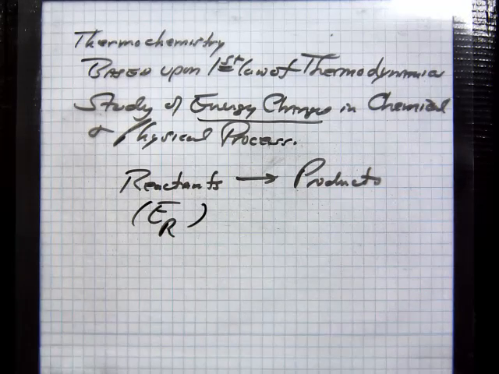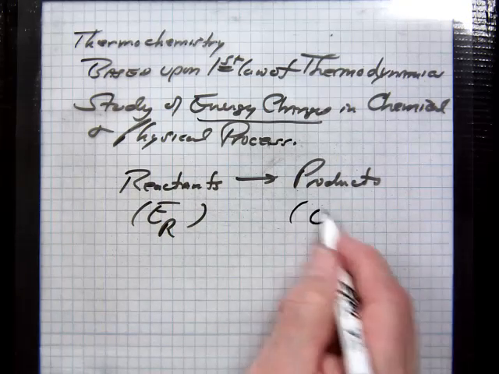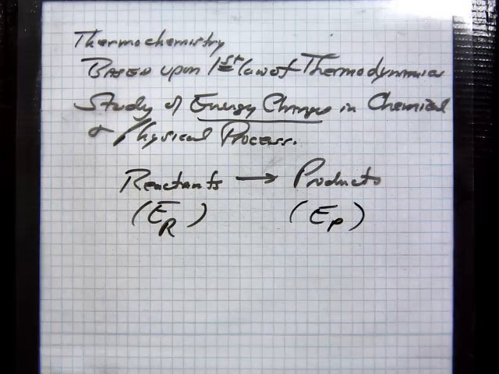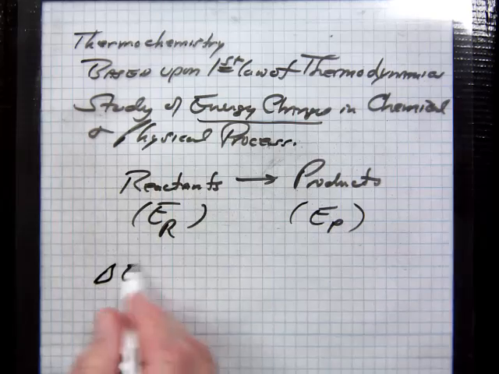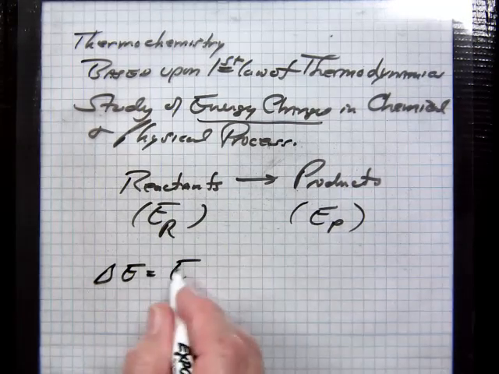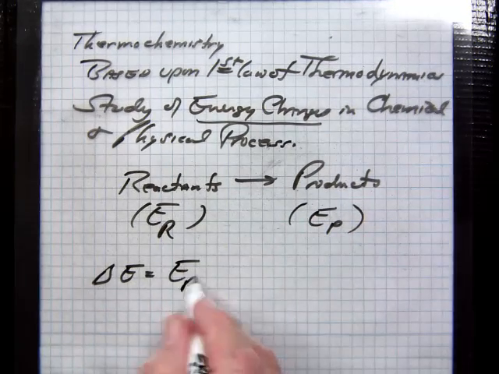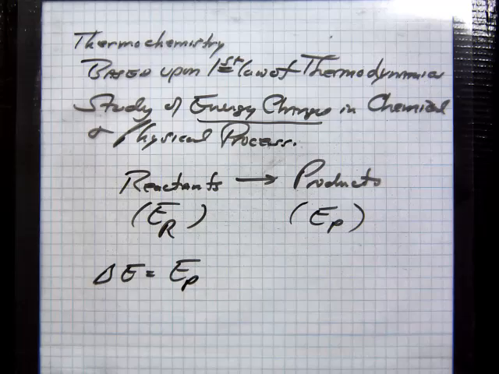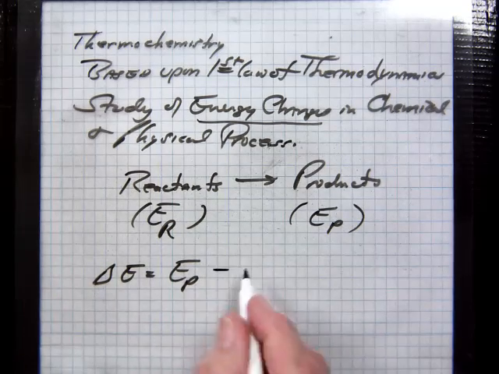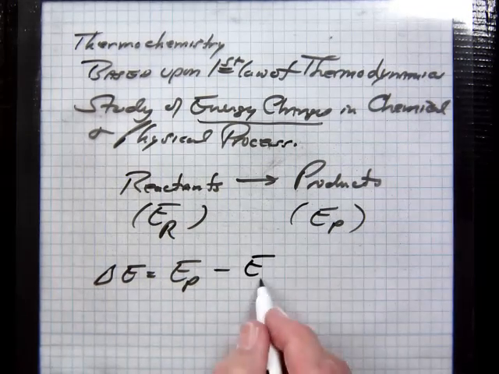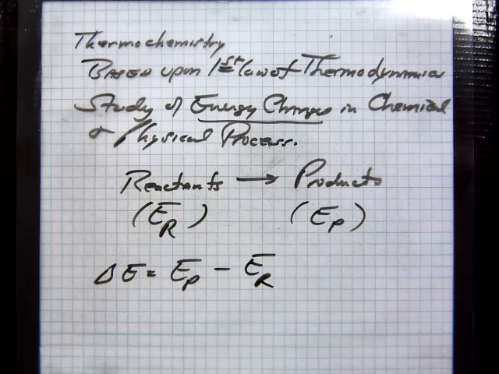That is the potential energy of all the reactants going to the potential energy of the products. So you have a start and finish, right? Final minus initial. So what's the change in energy? Well, that's easy enough. If we know the number that goes with the potential energy of the products, we subtract from that the potential energy of the reactants, and we have the change in energy. And that defines the change of energy.